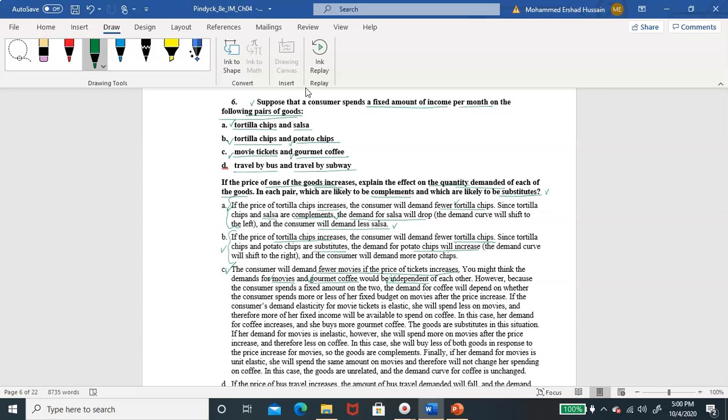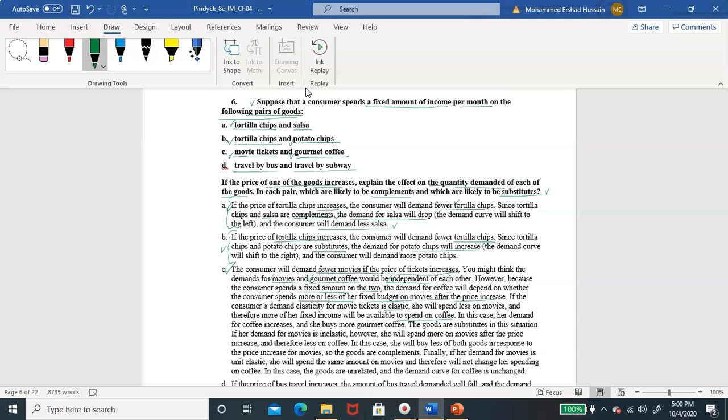But however, because the consumer spends a fixed amount on the two, the demand for coffee will depend on whether the consumer spends more or less of her fixed budget on the movie after the price increases. See that? If the consumer's demand for movie tickets is elastic, she will spend less on movies, and therefore more of her fixed income will be available to spend on coffee.